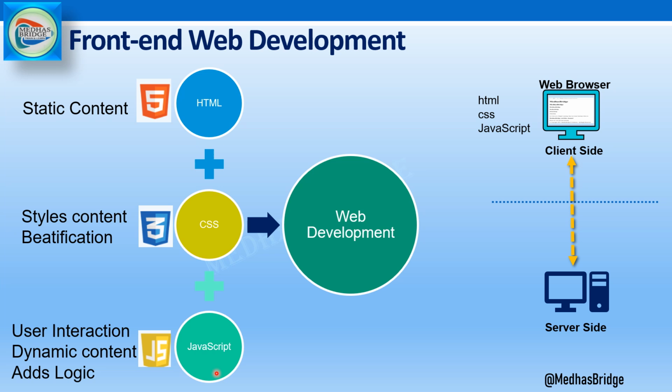So condition-based display can be done through JavaScript. The combination of HTML, CSS, and JavaScript together is how you can create dynamic web pages. Got it? That's an overview of how HTML, CSS, and JavaScript can be leveraged for web development.